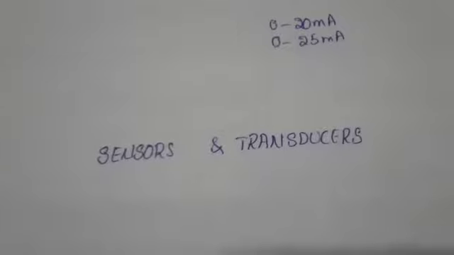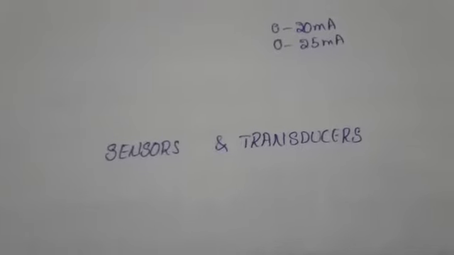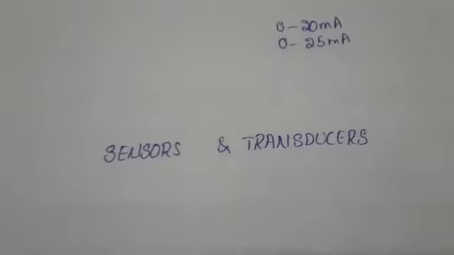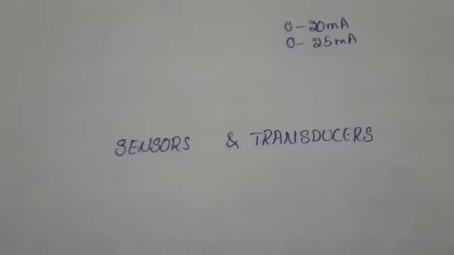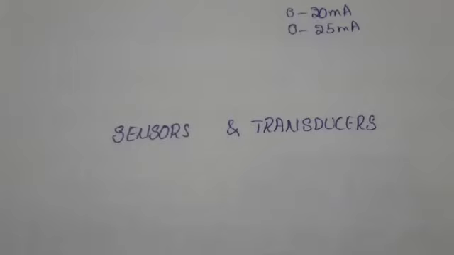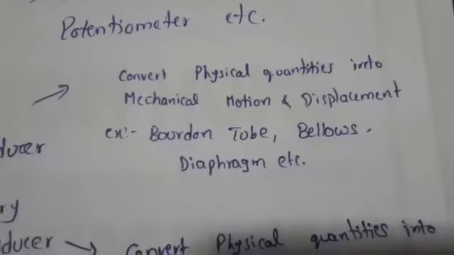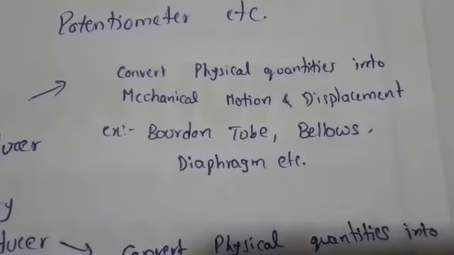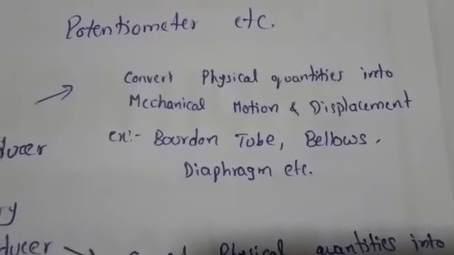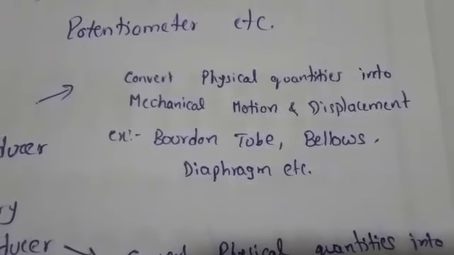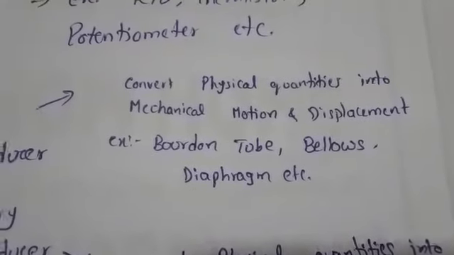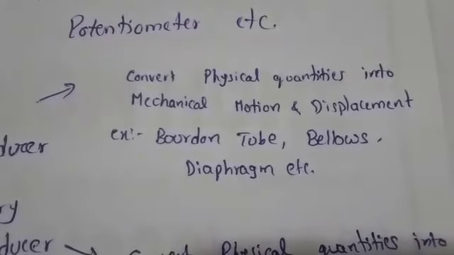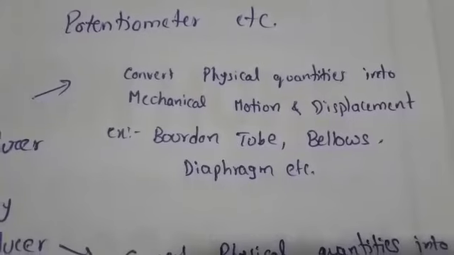Secondary transducers convert physical quantities into electrical signals such as voltage, current, resistance, inductance, capacitance change, etc. Primary transducers convert physical quantities into mechanical motion and displacement. Examples are Bourdon tube, bellows, diaphragm, etc.